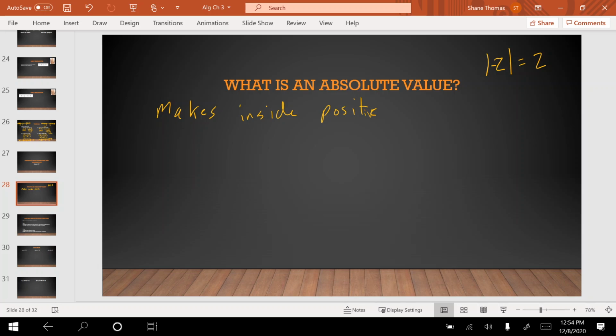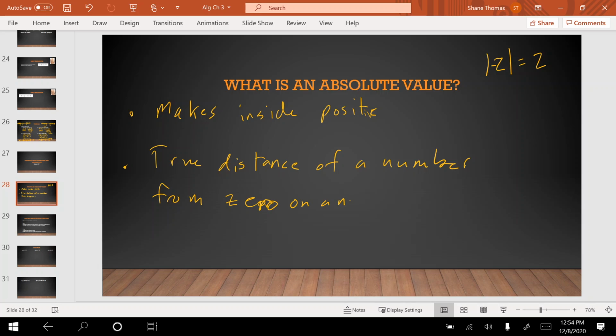All right, I'm all right with that answer. But what this really is, the true distance of a number from 0 on a number line.